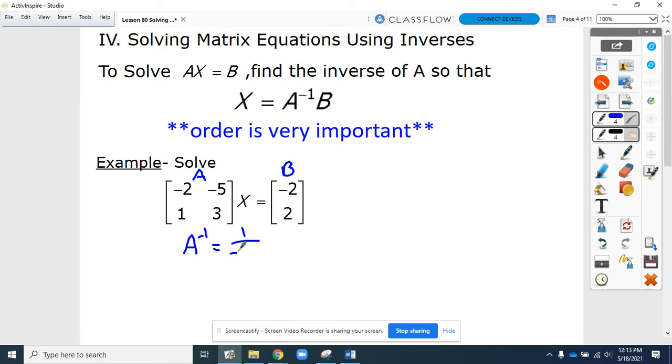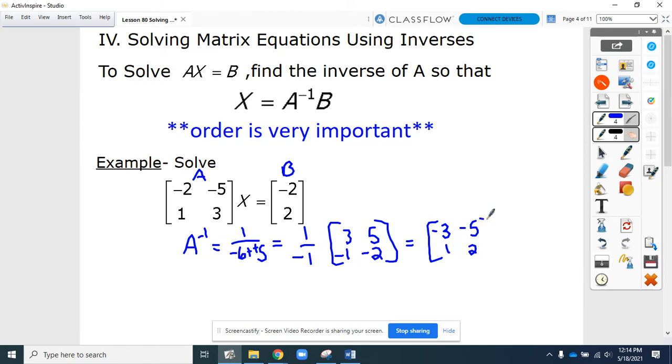That is going to be -6 minus -5, which gives me a -1. So 1 over -1 times, I switch these two, I make this one negative. I distribute the negative through, and I get that my inverse is -3, -5, 1, and 2.